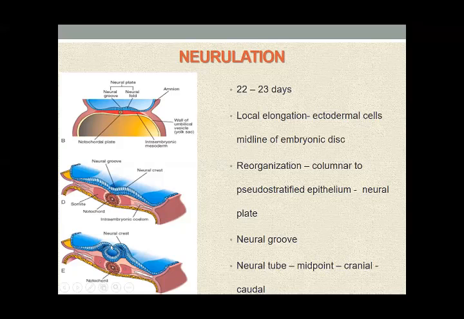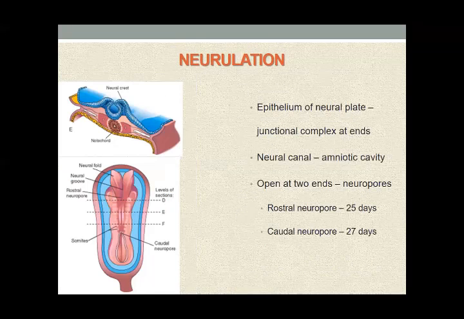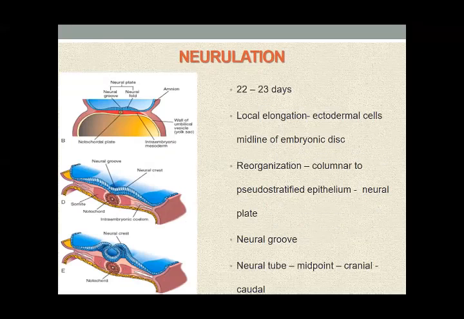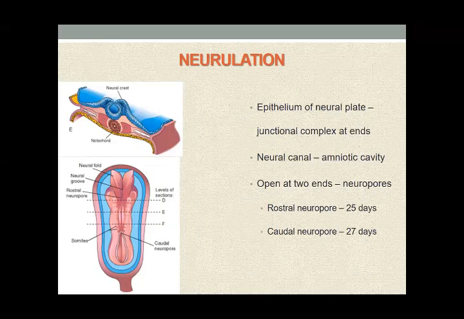This neural tube then separates from the surface ectoderm and develops into a separate structure. This is the developing neural tube. Now this neural tube develops at the level of the first 6 somites, and its development starts there.